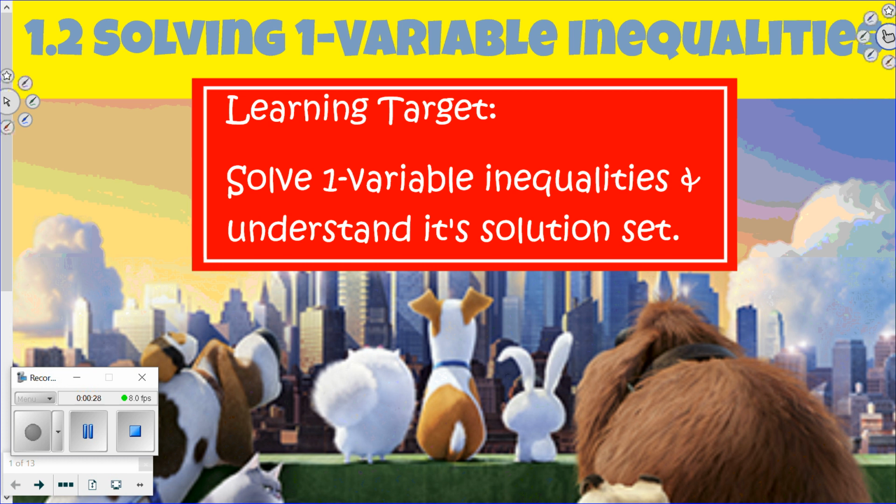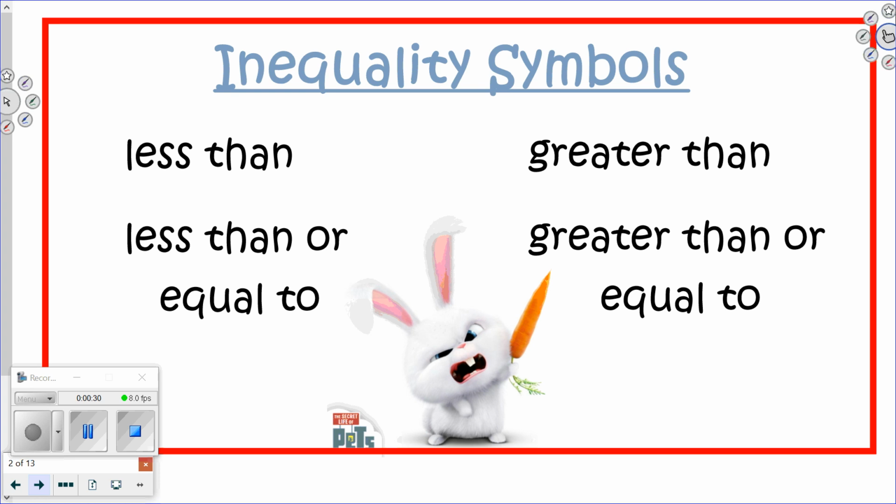Okay, we're looking at both parts today. First, we need to make sure we know our inequality symbols. So what does a symbol look like for less than? Because, guys, what does an L look like? Less than, L. That's less than.